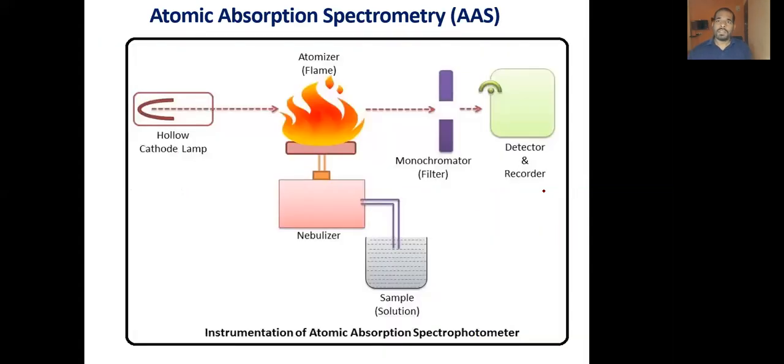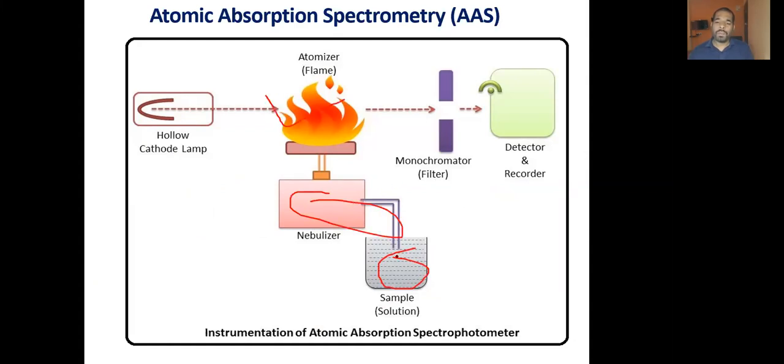This is the diagrammatic representation, or instrumentation, of atomic absorption spectroscopy. The hollow cathode lamp is there, then the atomizer flame. The sample solution goes to the nebulizer and the flame.